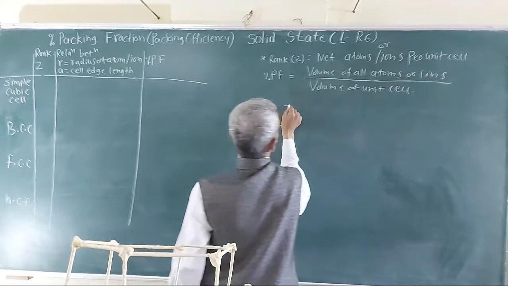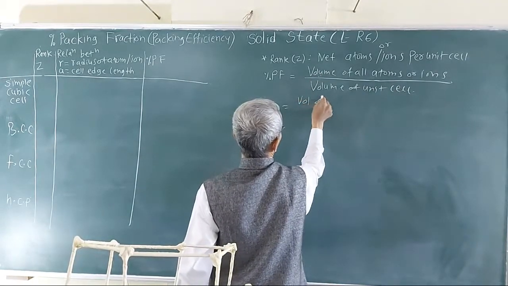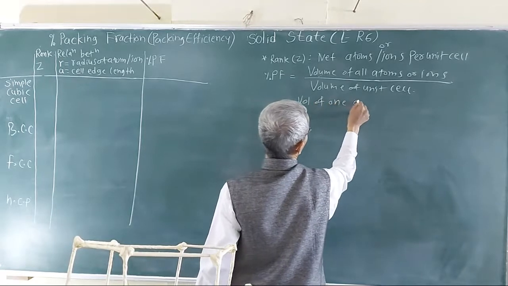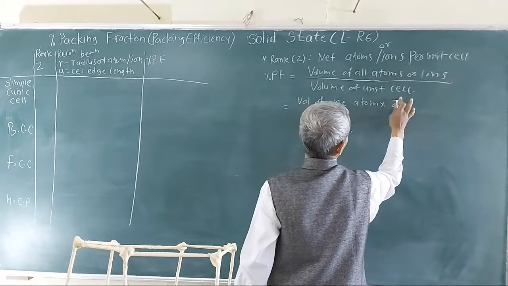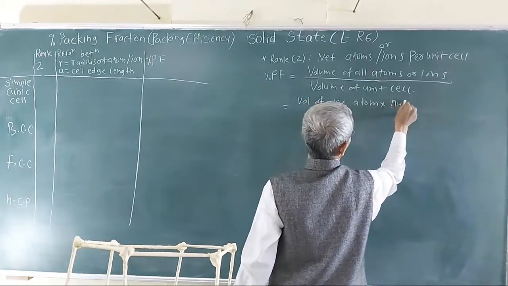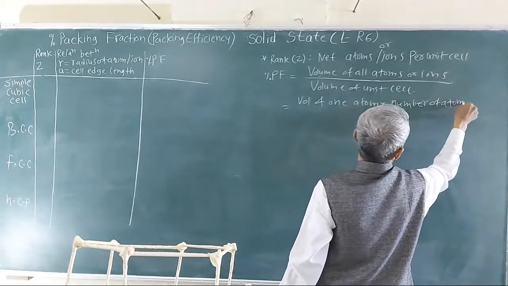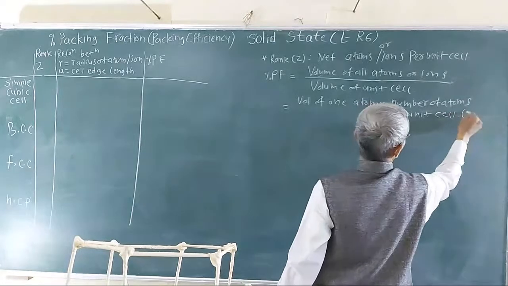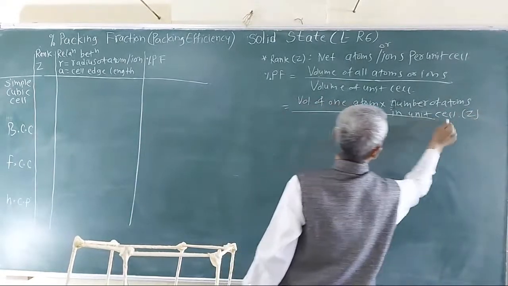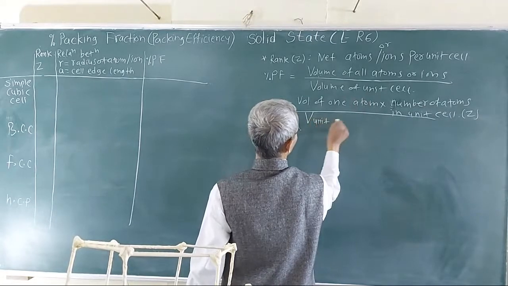Okay. So here this is nothing but the volume of one atom multiplied by the number of atoms in the unit cell, divided by the volume of the unit cell.